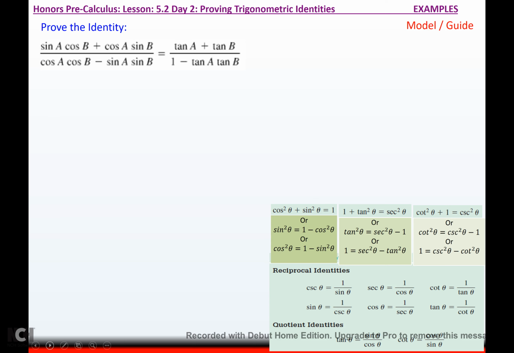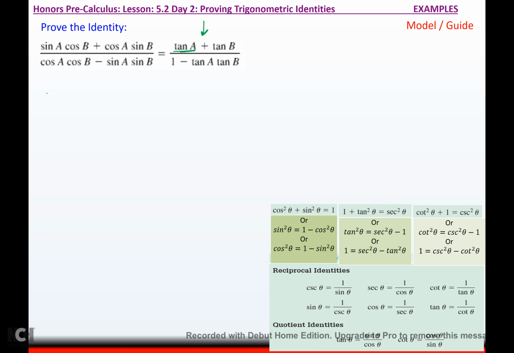So if we try this one, alright, I'm going to take this side and start simplifying it. The first thing I see is a whole bunch of sines and cosines on this side and a whole bunch of tangents on the other. So my instinct tells me to rewrite everything with sine and cosine.